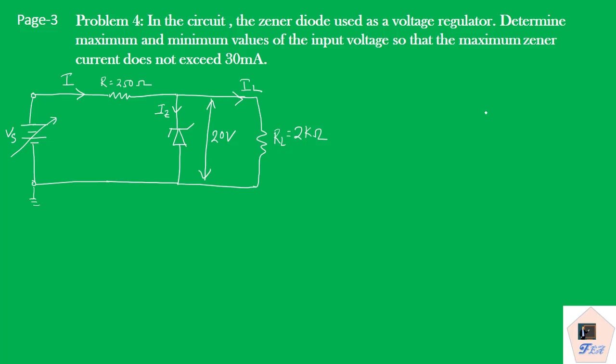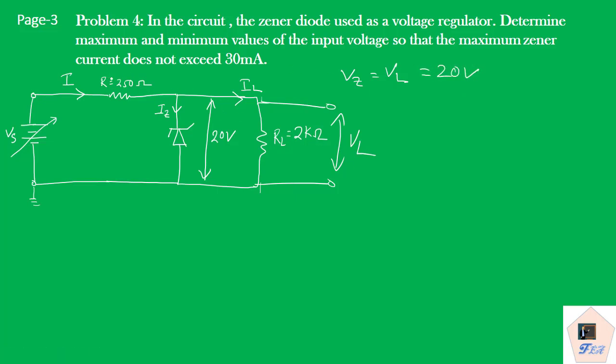Now what all are given here? It is given Vz, which is also equal to VL. So this is our VL. Vz and VL both are same, that is the concept of voltage regulation, which is given as 20 volts.